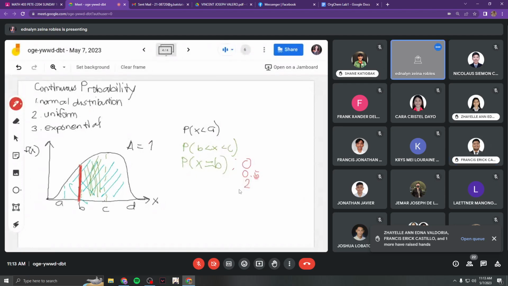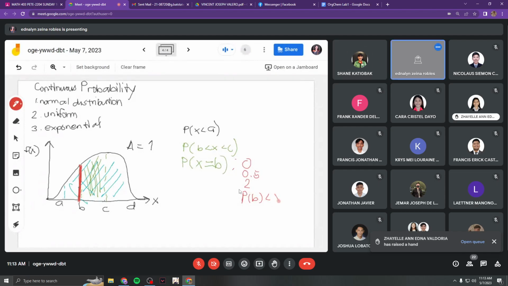2. Shane. Try lang din, ma'am. Probability of B is greater than X po. Probability of B is greater than X, ma'am.